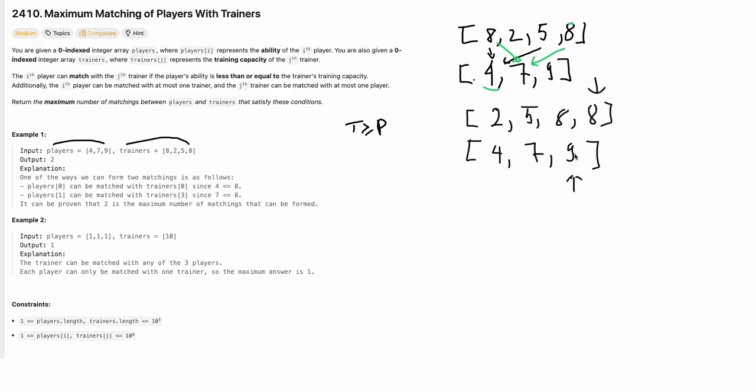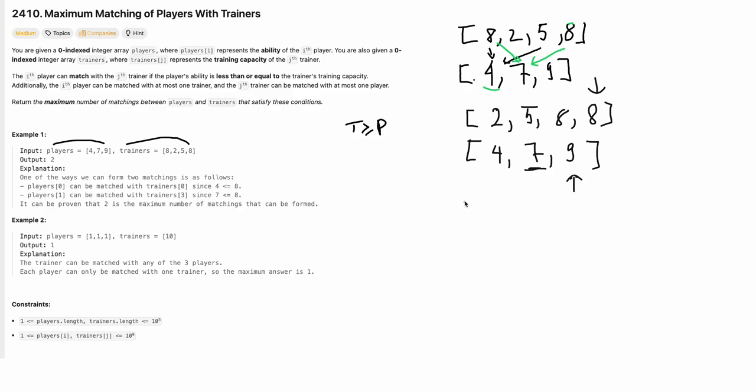Because we always want to match the trainer with the player that is expected to have the highest capacity, if we can match this one, then we can prioritize this case. Otherwise, we need to remove it.